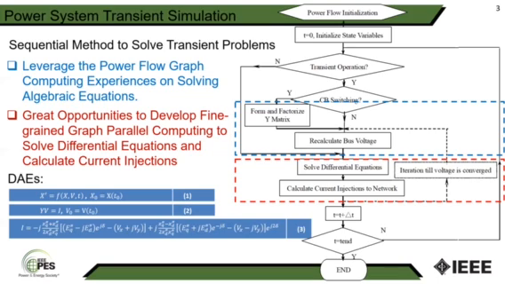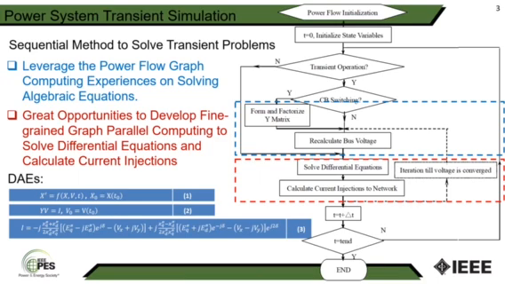Once we know the bus voltage as a terminal condition, as a boundary condition for units, we can solve differential equations and calculate the current injections. Then this updated current will be used to update the bus voltage until voltage is converged.